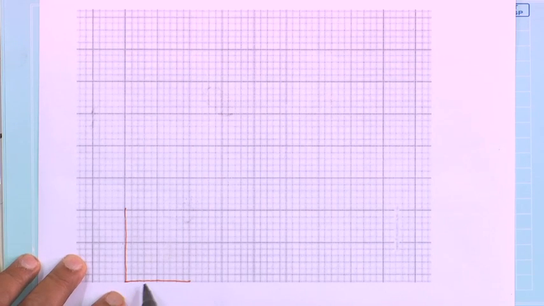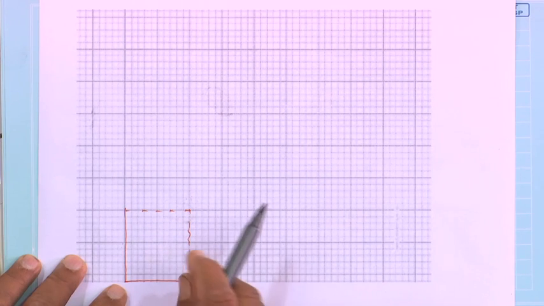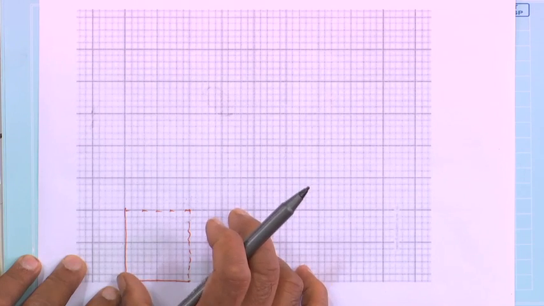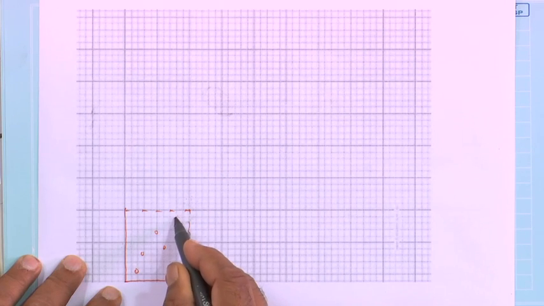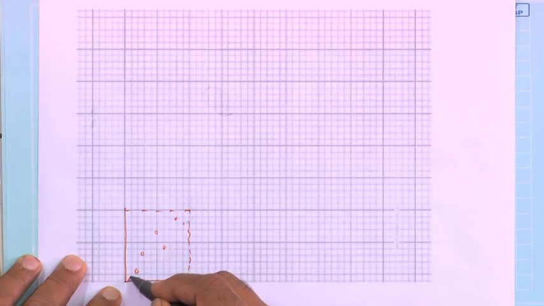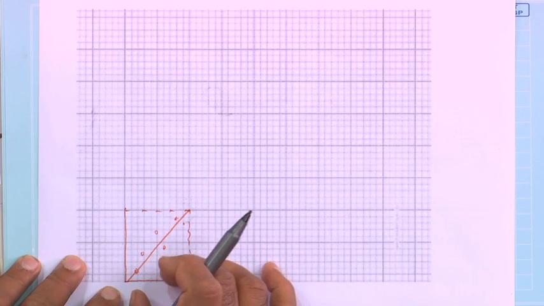So, you may choose here 2 boxes, here 1 box. So, this is the total area you are using for plotting your graph. You are using this portion of the graph only for representing your data.